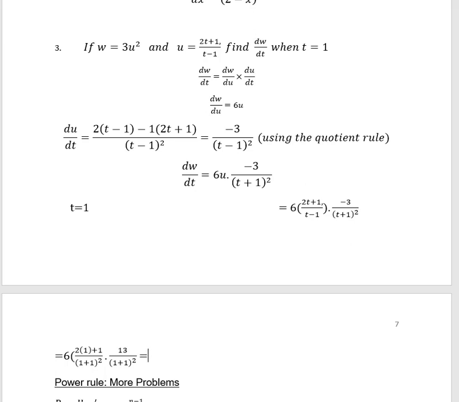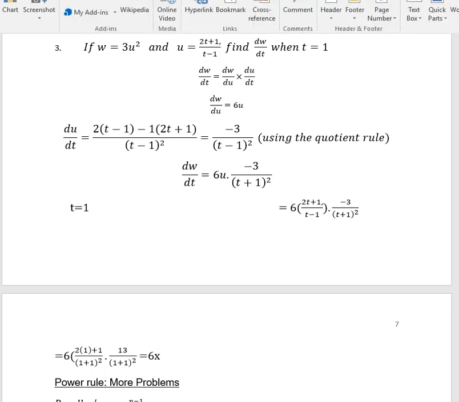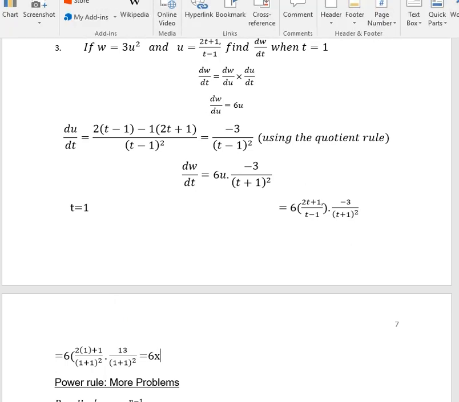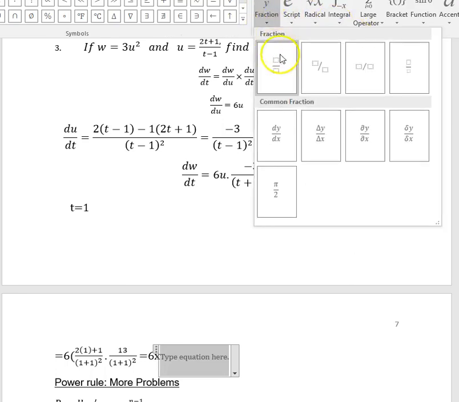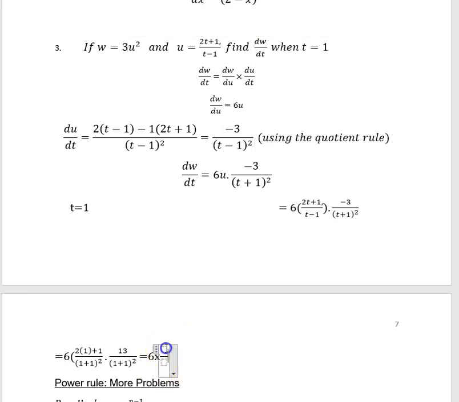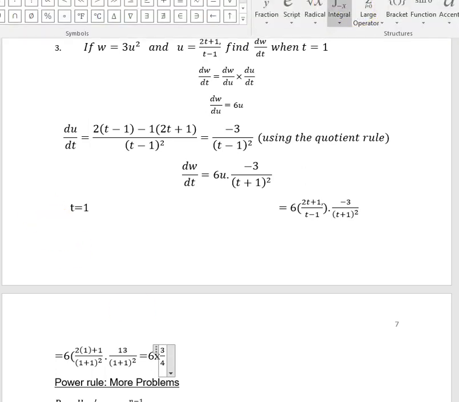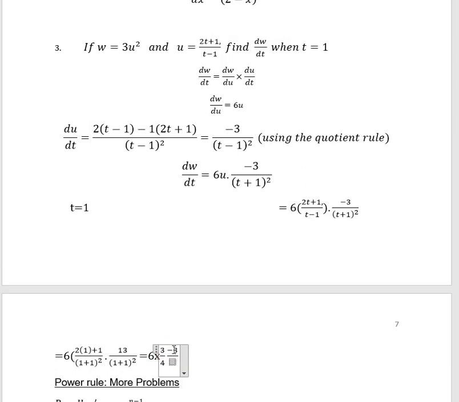So that would be 6 times 3 over 4 times minus 3, which is also a fraction, minus 3 over the denominator squared, which should also give you 4.